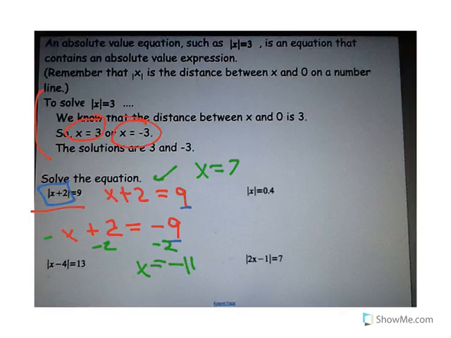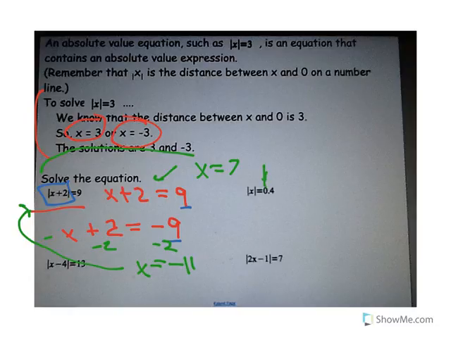So those are the two solutions. And you should always check your work, so plug that in and see if it works. -11 plus 2 is equal to -9. The absolute value of -9 is equal to 9. And for this one here, 7 plus 2 is 9. The absolute value of 9 is equal to 9. So that should make sense.